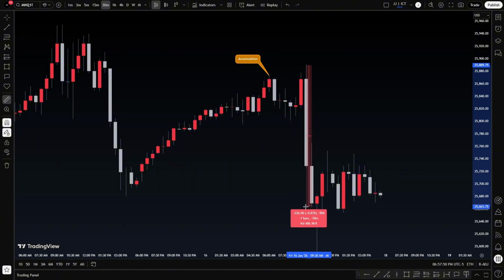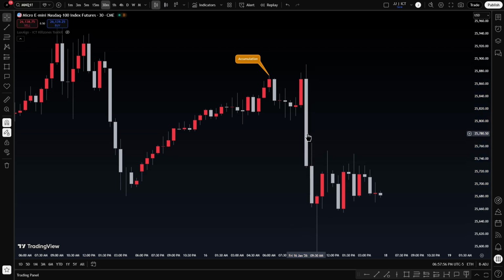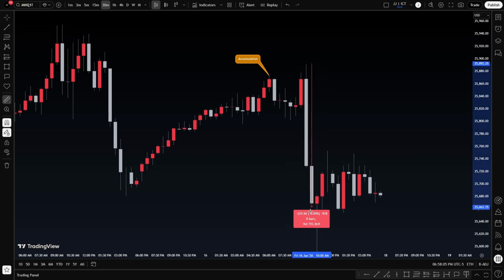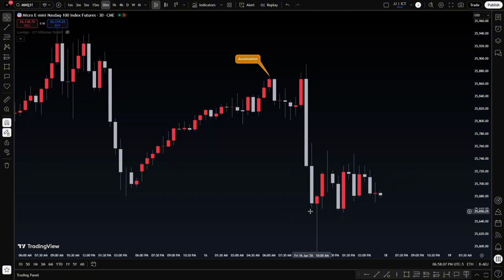The thing that makes this a liquidity void is how quickly it moves and how much it moves. It's mainly how quick it moves. I'm not gonna lie, because you can have this same 300-point movement across like 10 candles, and it'll still move 229 points. But it's mainly how quick it moves.